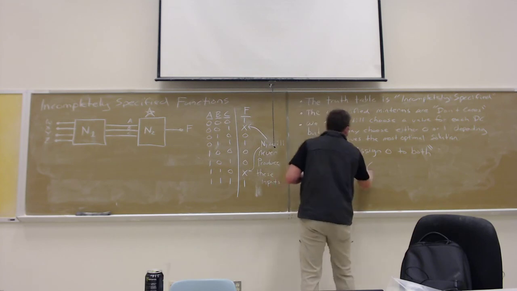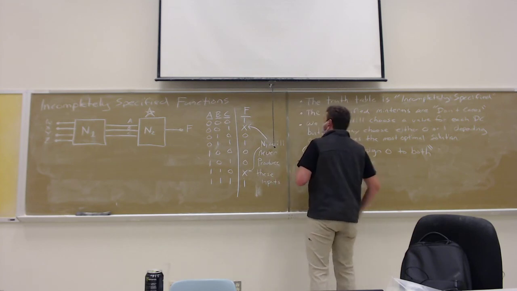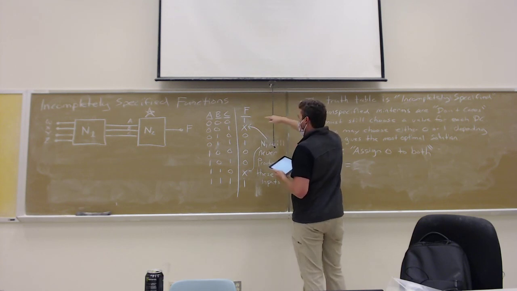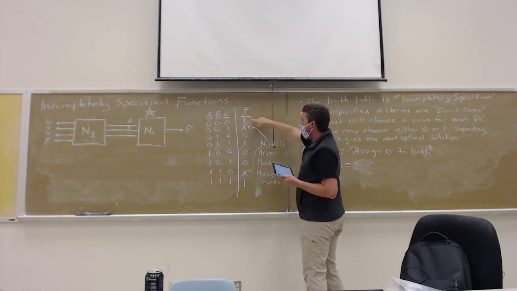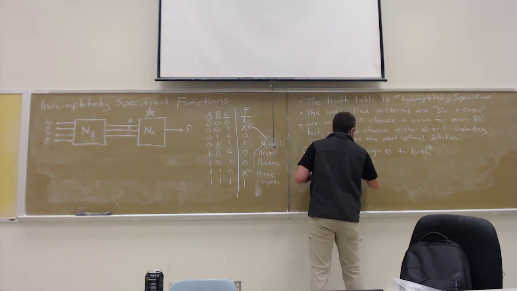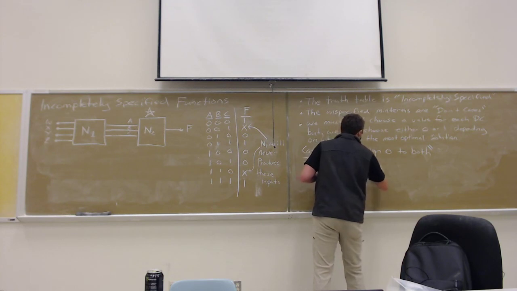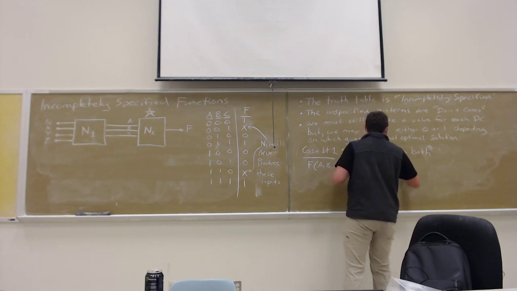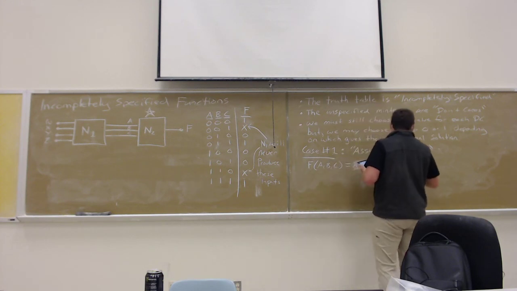Oops, actually, I don't do that just yet. So these are 0, so we don't care. 0, 3, and 7. So that's going to be a prime, b prime, c prime, or a prime, b, c, or a, b, c.